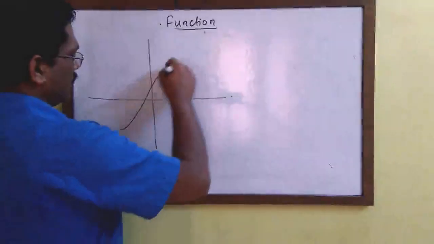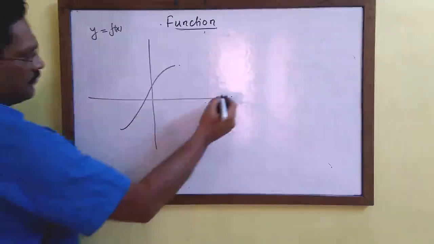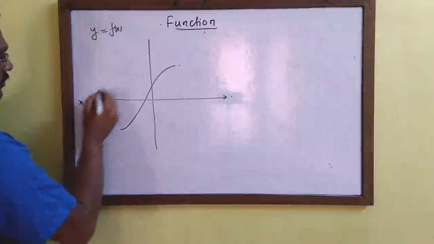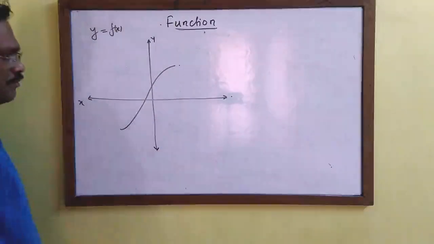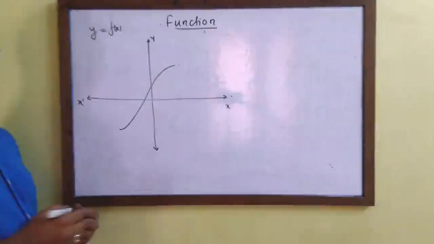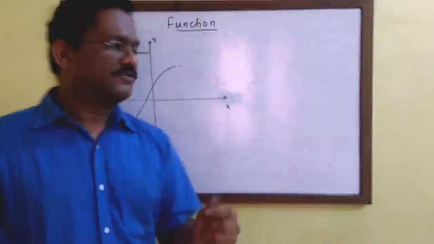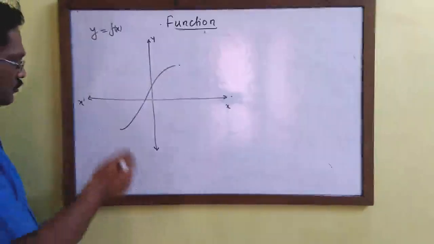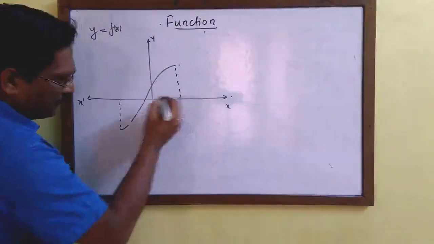So suppose I have drawn a graph, y equal to f of x. This is the x-axis and this is your y-axis. Now, which points can we see on the graph? We can see only those points which have real x and real y. So real x coordinates and real y coordinates will make up this.